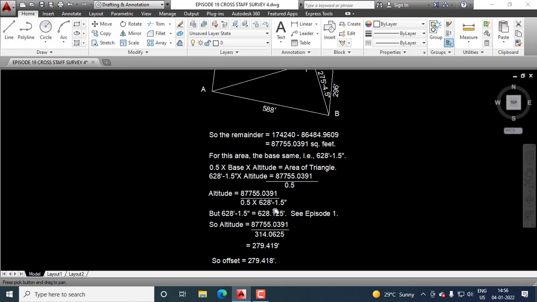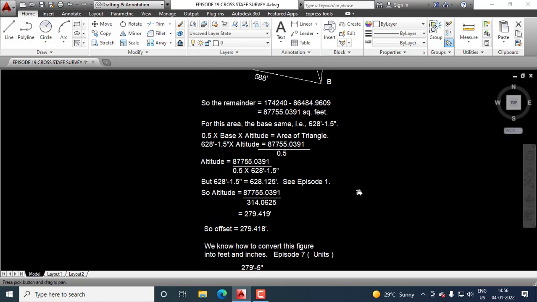The 0.5 here becomes the denominator on the other side of the equals sign. But 628 feet 1.5 inches is equal to 628.125 feet. See episode 1. We must convert inches into decimal feet. 1.5 inches is equal to 0.125 foot.